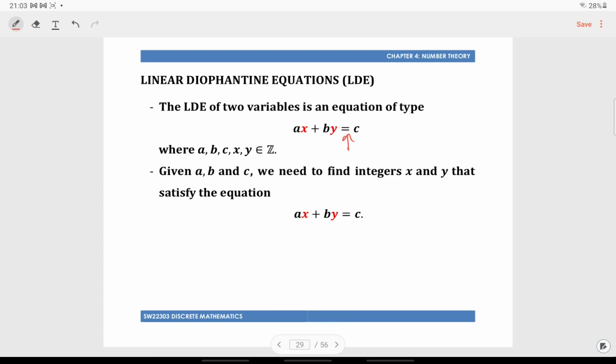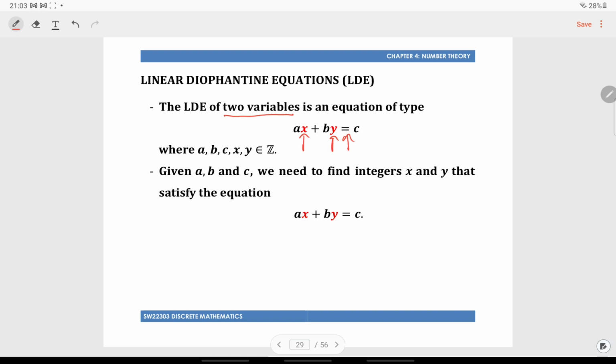It can have more than two variables, but for the two-variable case, we have the following type of equation: ax plus by equals c, where a, b, c, x, and y are all integers. Why two variables? Because the considered variables are x and y.